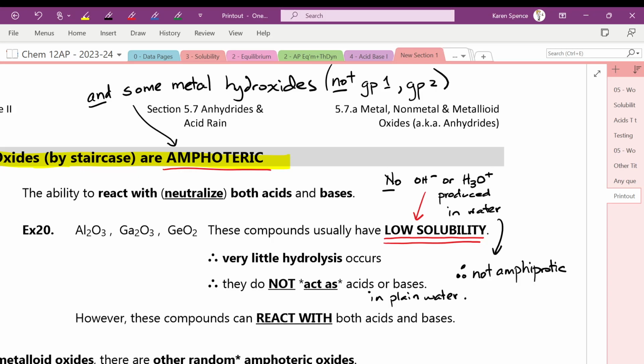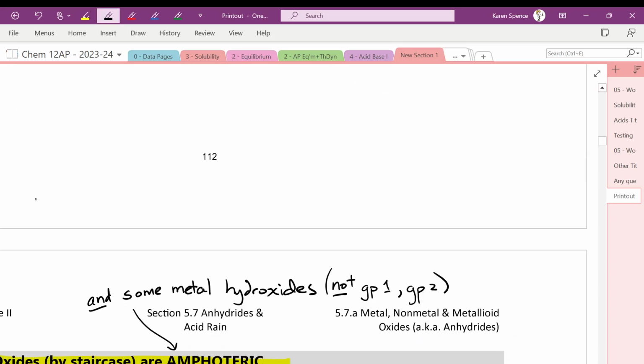It's very similar to, you remember when we had a low solubility compound, just a hydroxide? Say we had low solubility Mg(OH)2. You remember that?